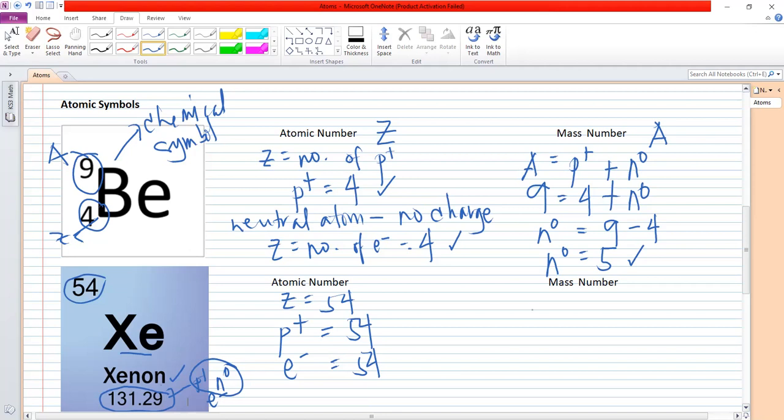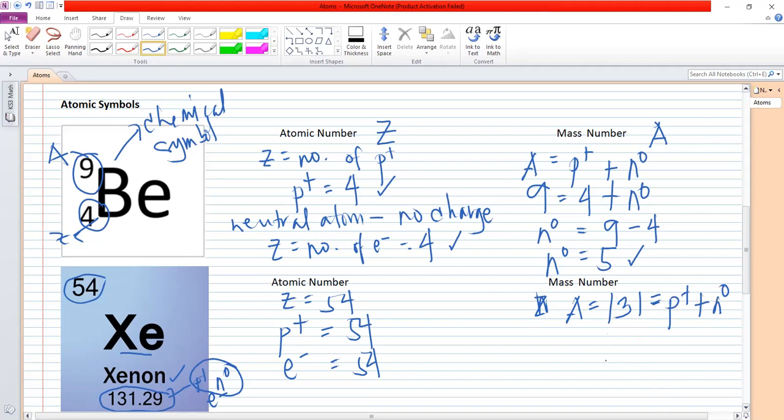So our A here is equal to 131, which is equal to the number of protons plus the number of neutrons.